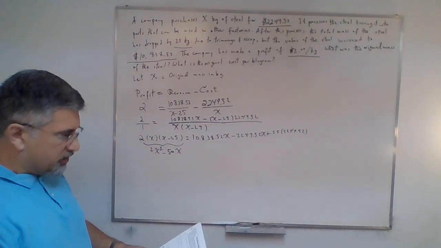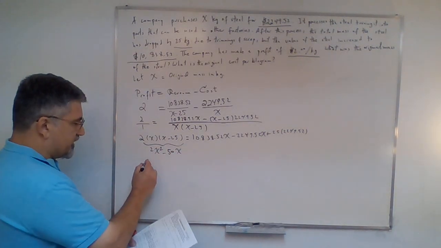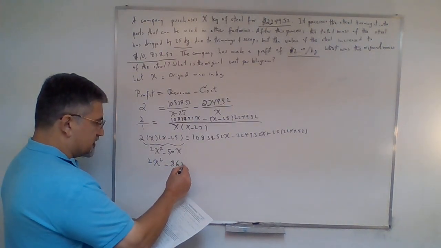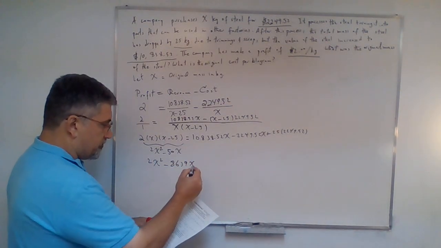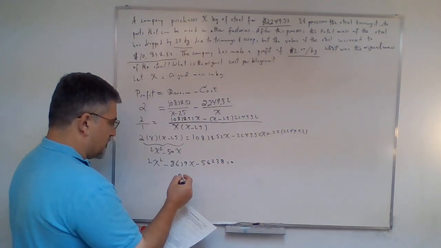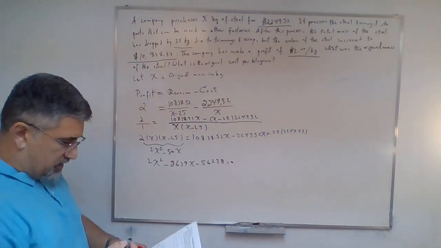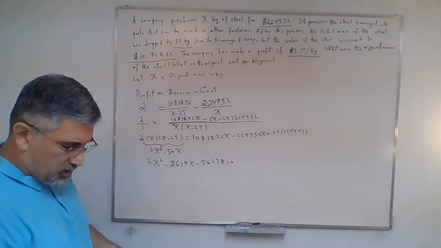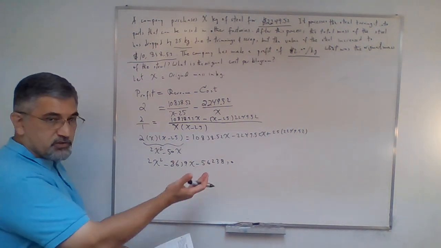But if you rearrange the terms, you will end up with this quadratic equation: 2x squared minus 8639x minus 56238 equals 0. So when you rearrange the terms and move every term to one side of the equation, set it equal to 0, you end up with a quadratic equation.